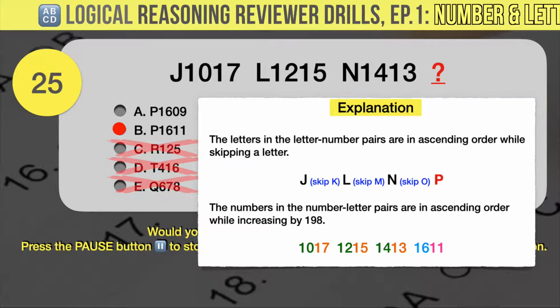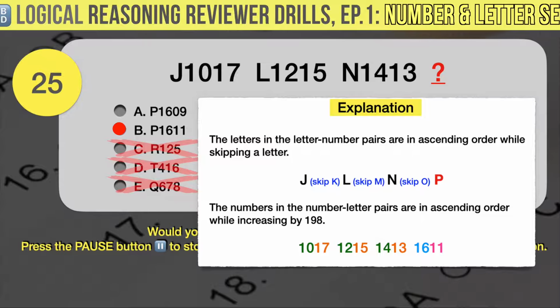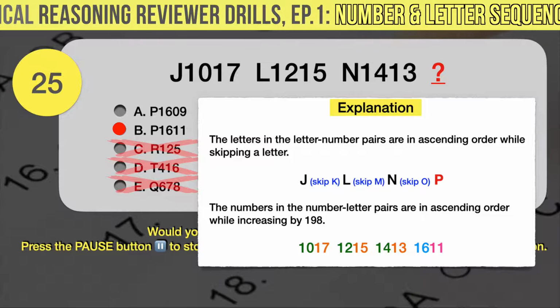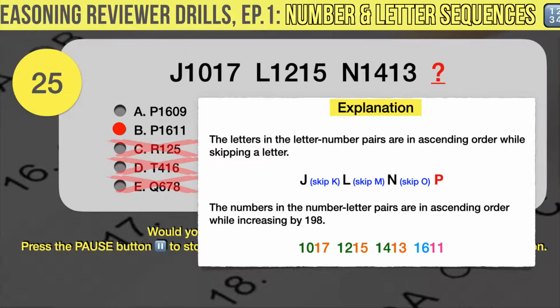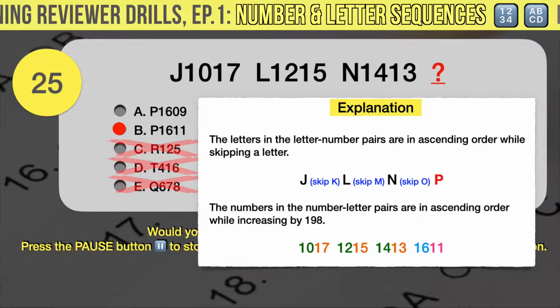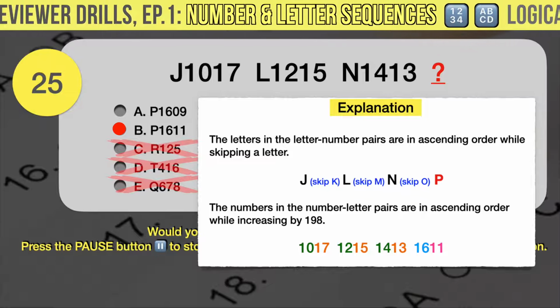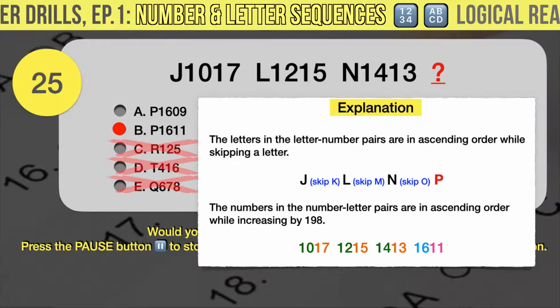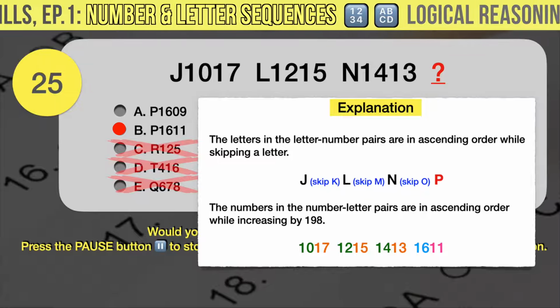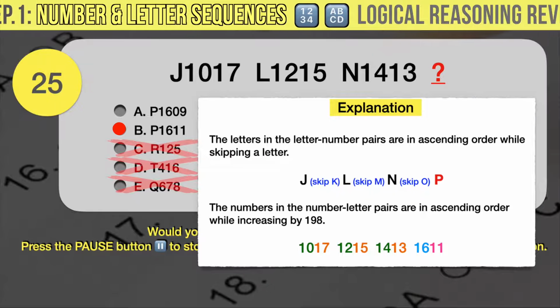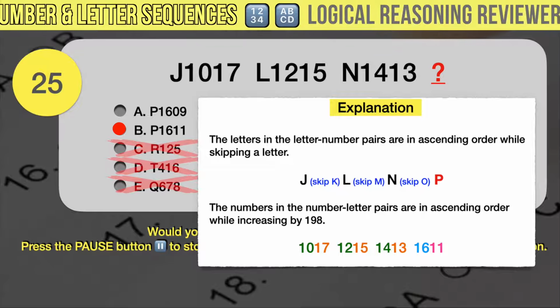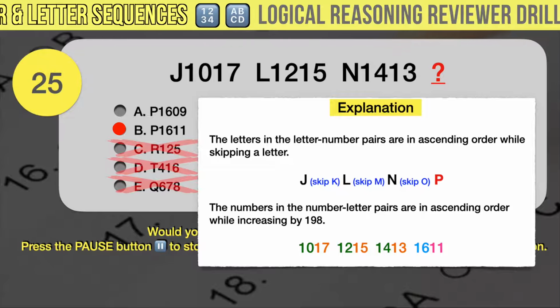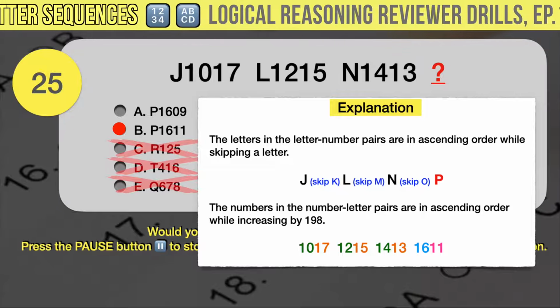The first set, 10, 12, and 14, is ascending while increasing by 2. Therefore, the next number should be 16. The second set, 17, 15, and 13, is descending while decreasing by 2. Therefore, the next number should be 11. We'll arrive at the same 1611 for the number part of the next term in the sequence.